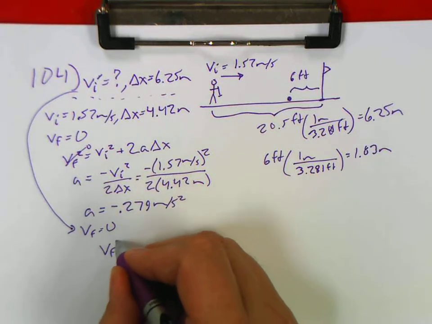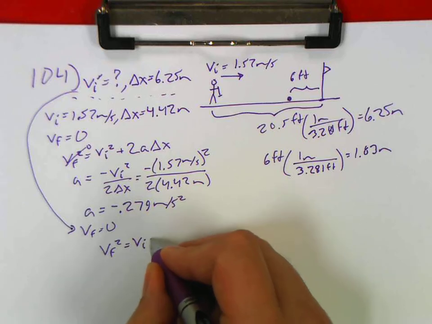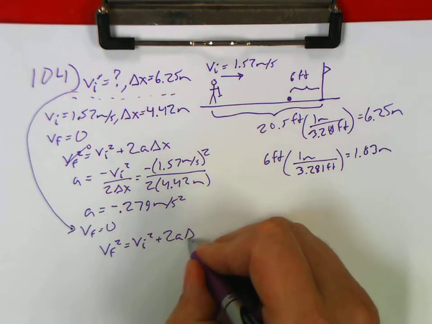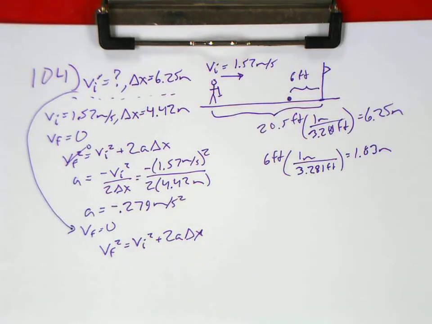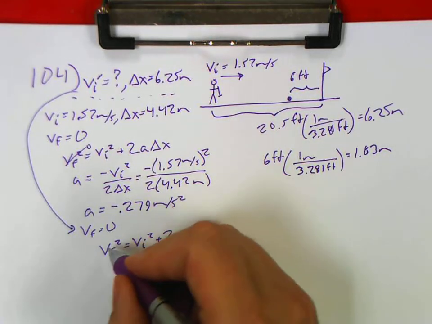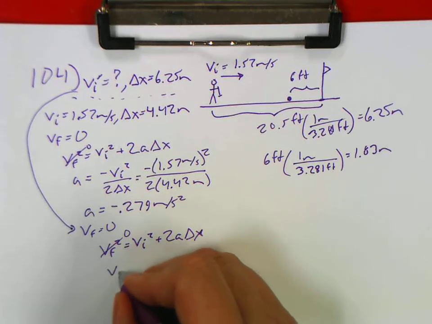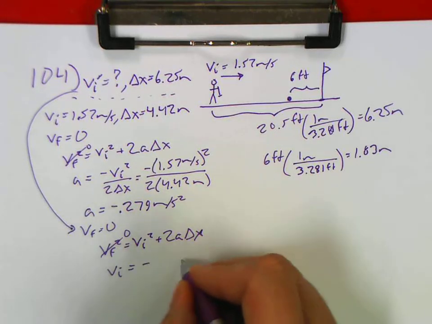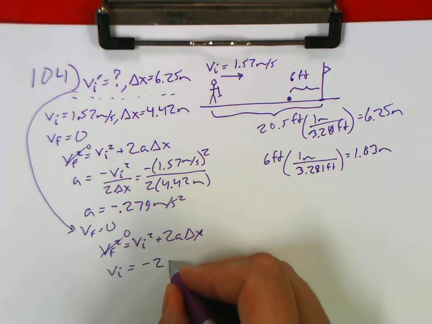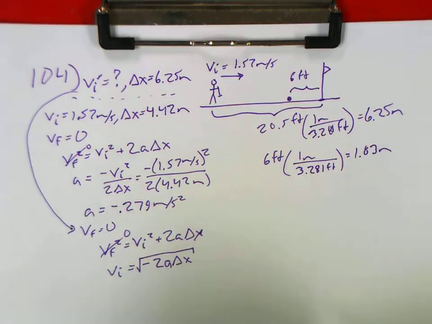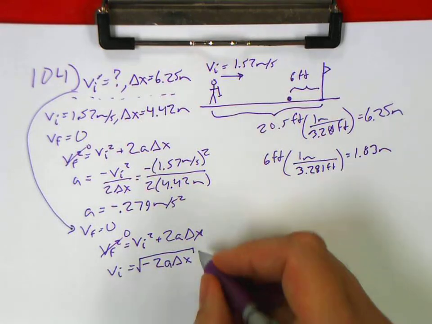V final squared is equal to V initial squared plus 2 times the acceleration times our displacement. This time, we still have that being equal to 0. This time we're solving for V initial. So V initial is equal to the negative, got to move those to the other side, negative 2 times our acceleration times our displacement, and then that quantity square rooted.